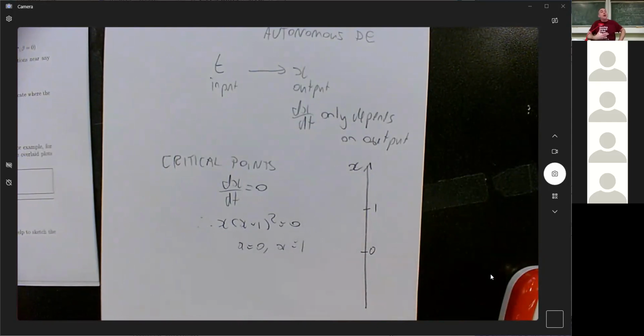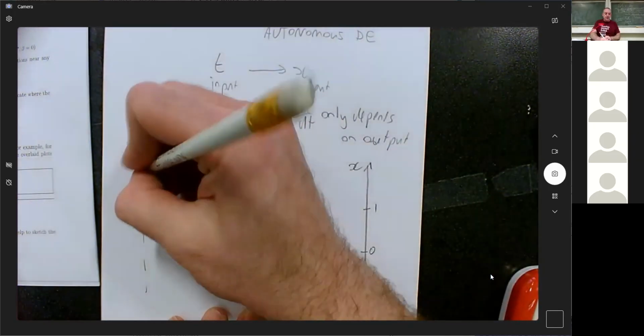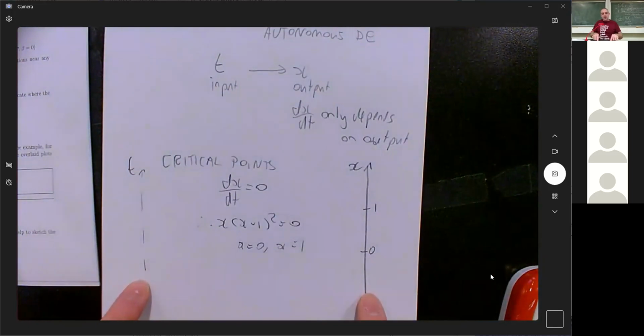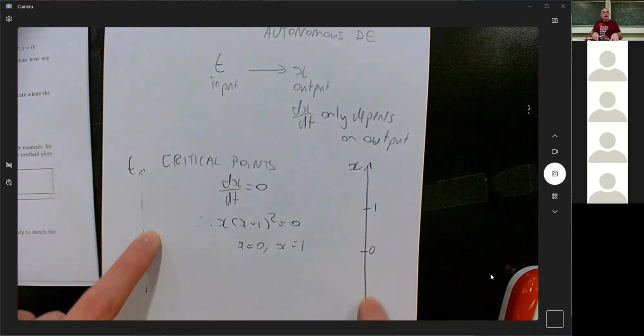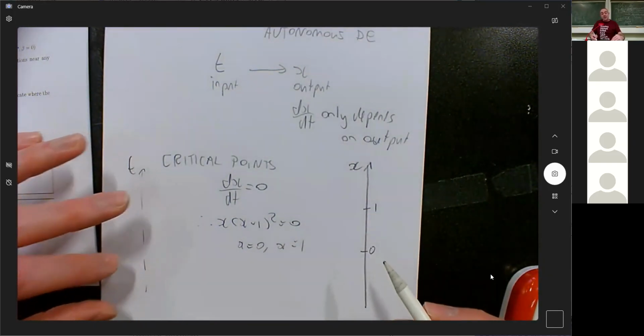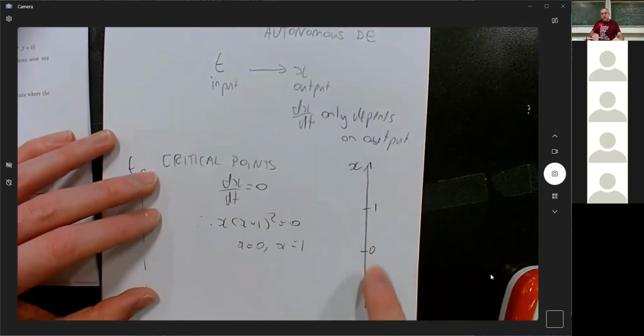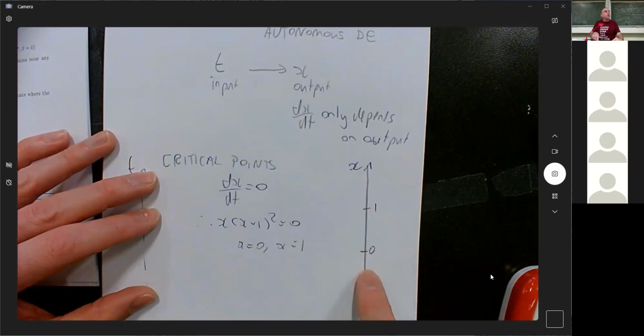Instead of drawing them as graphs, we can think of them as dynamic, where t changing, there's another axis over here for t, and as the t moves, so does the x. It does whatever it does. T moves forward and x does whatever it needs to do. And so you can imagine that instead of thinking of it as a t-axis and an x-axis, you can think of it as time moving forwards and watching where the little dot goes.